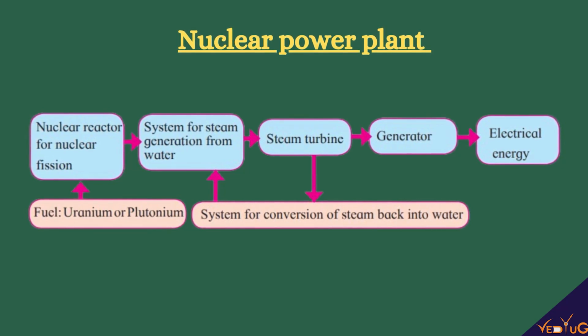In the nuclear reactor, nuclear fission gets generated and it gets transferred into the system for steam generation from water. And at the end of this cycle, we get electrical energy. In between, we can see the steam engine and generator. The steam engine is used for conversion of steam back into water. And the fuel which we use in this plant is basically uranium or plutonium, which are radioactive.